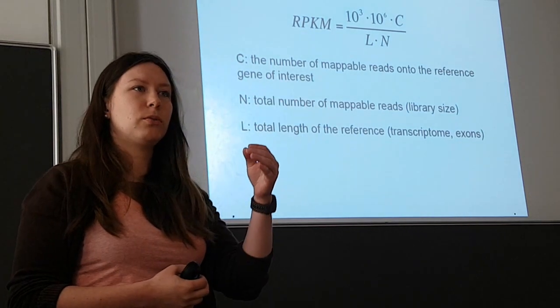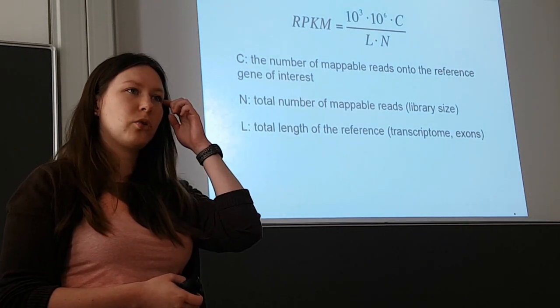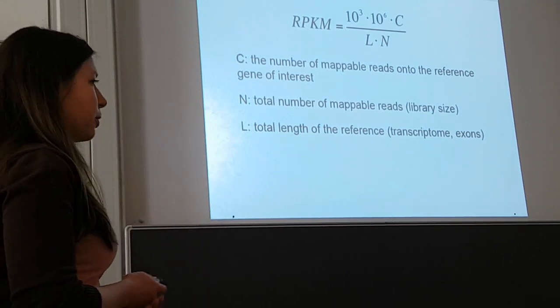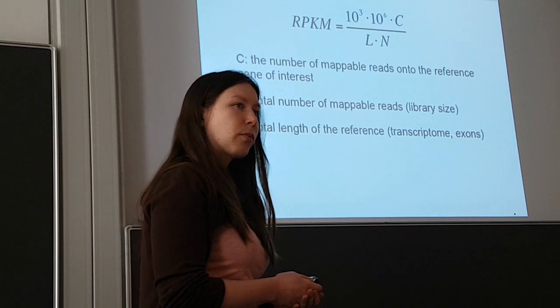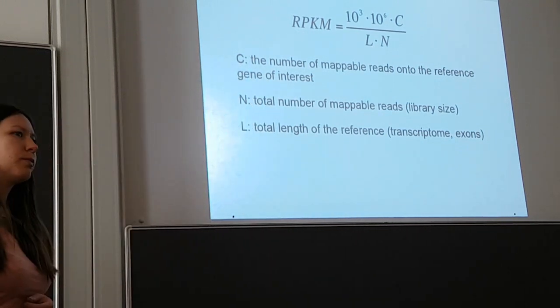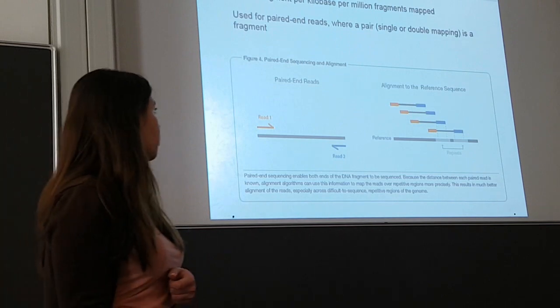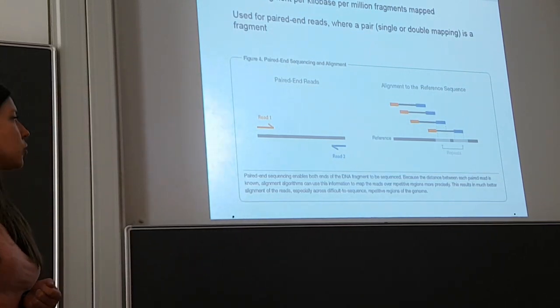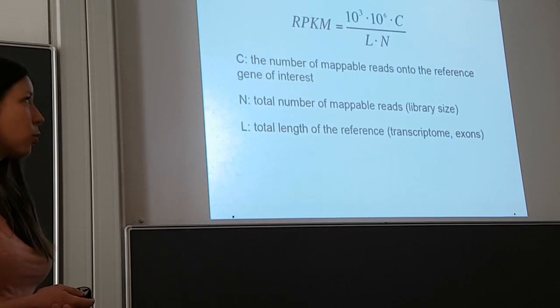So each value that is coming from RNA-seq, you normalize for the library size and for the length of the transcript. And this works well for single-end reads, but we also have fragments per kilobase per million for paired-end reads, because you have paired ends and you cannot apply the same metric anymore.